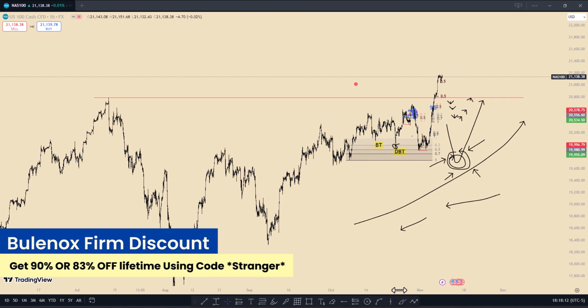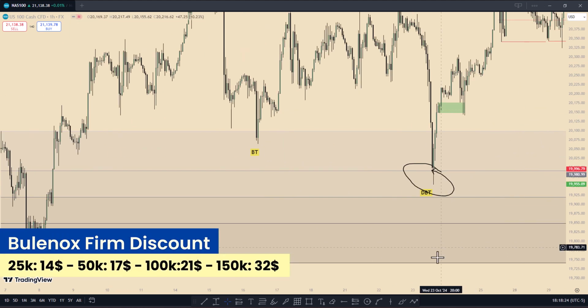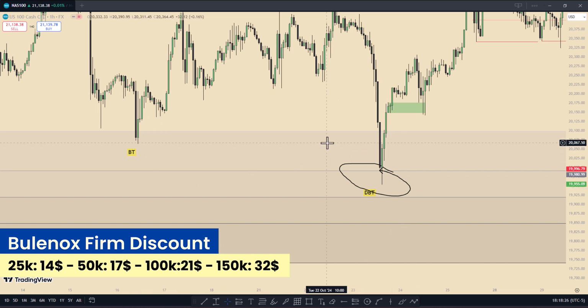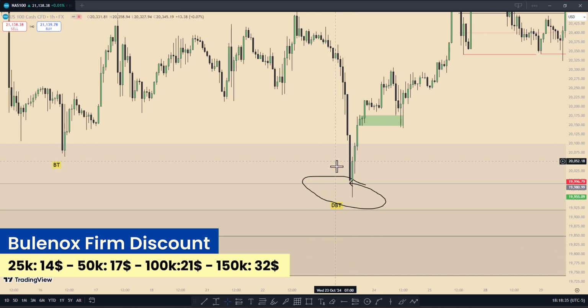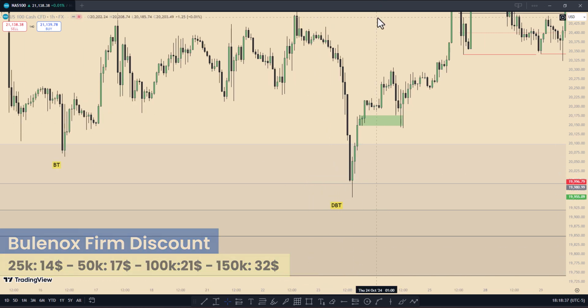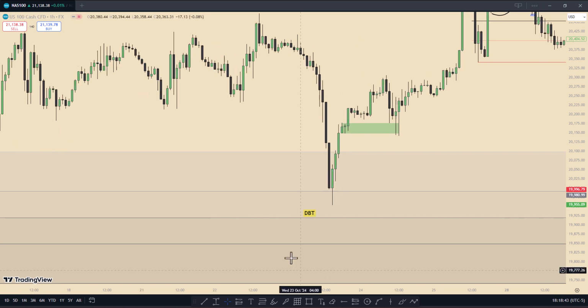I'm gonna give you more examples or more case studies to work with, but let's stick with this one. So we went on the 4 hour, we did our observations, we screenshotted the price action there, and then we're gonna go lower in the time frames, moving on to the 1 hour, and studying what happened here.